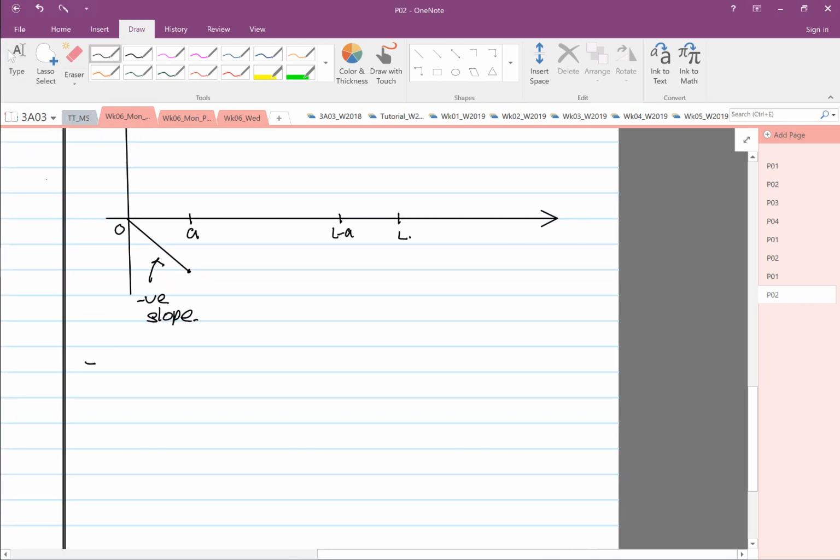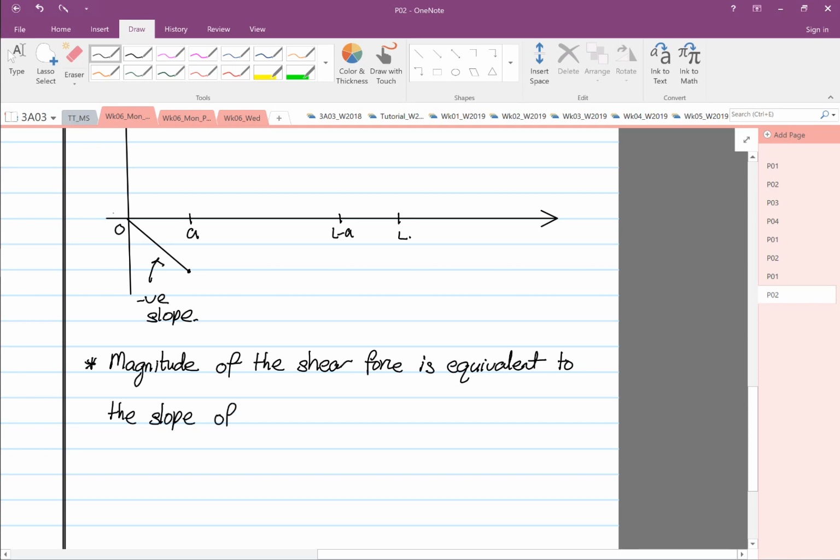So first thing to take note, the magnitude of the shear force is equivalent to the slope of the bending moment.